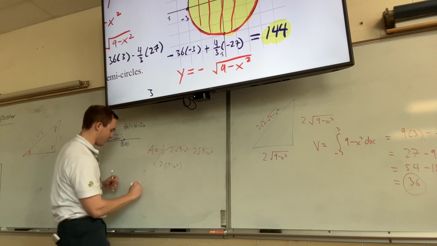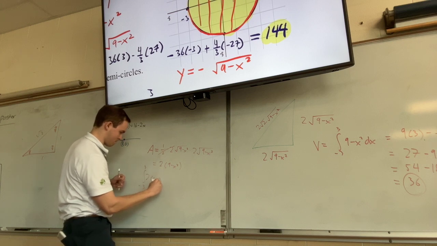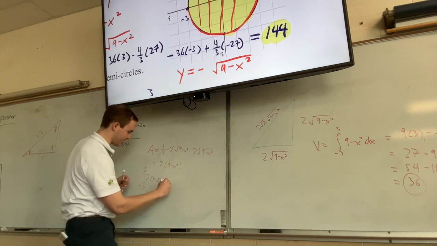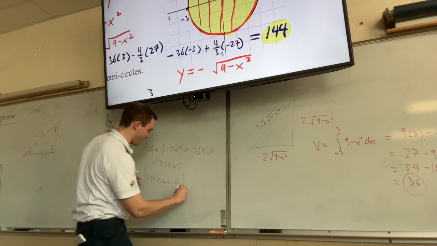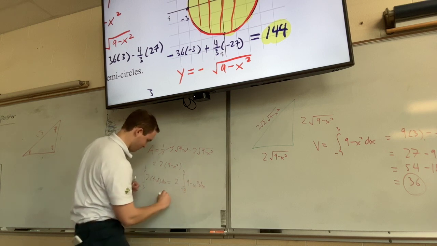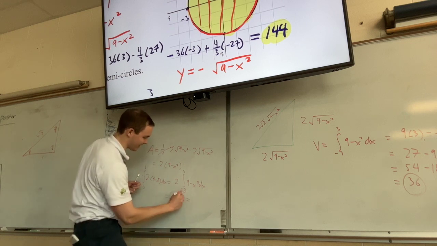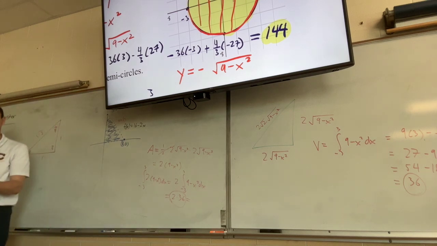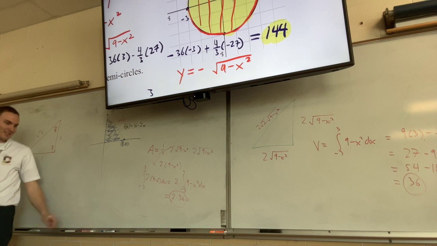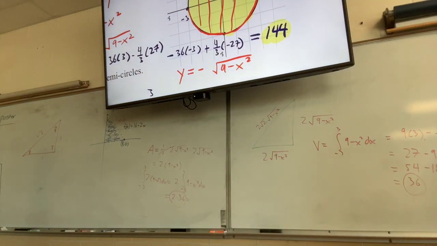That integral is going to be 2 times the integral that we've found like 4 different times now. So it's going to be 2 times 36. Just in case you mess it up, don't evaluate it. Questions, comments, concerns?